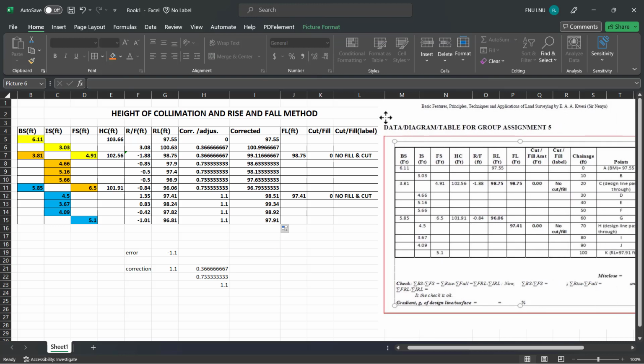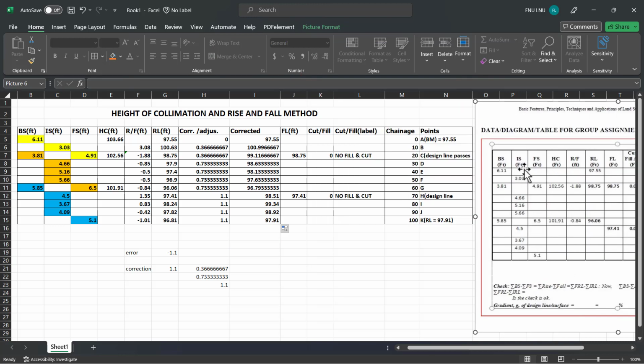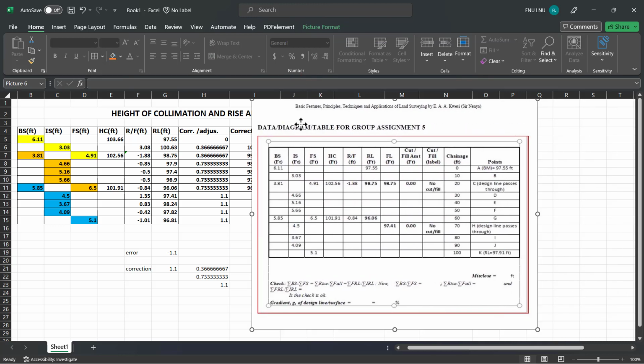As a check, so you can see in the question, so we have to check. So as a check, the sum of the backsights should be the same as the sum of the foresights. The sum of the rise should be the same as the sum of the fall.